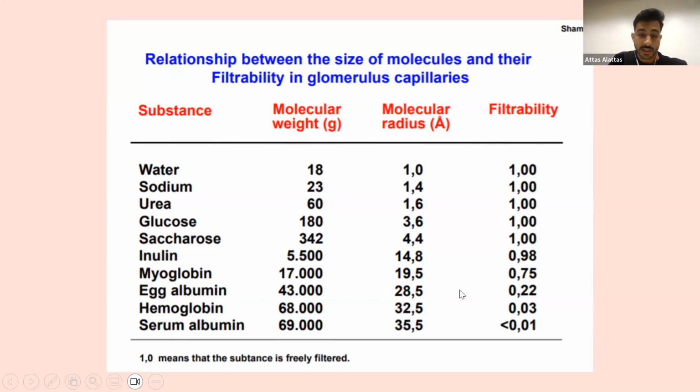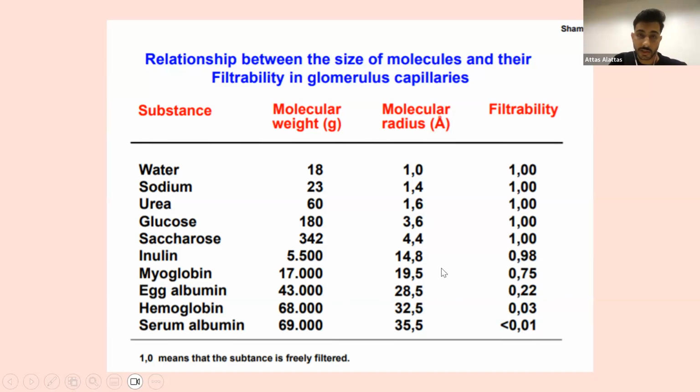Since they have a molecular radius between 18 to 42, their filterability is not 100% or 1. For myoglobin, it's 75%, let's say, hemoglobin 22%, albumin 3%, and another is less than 1.